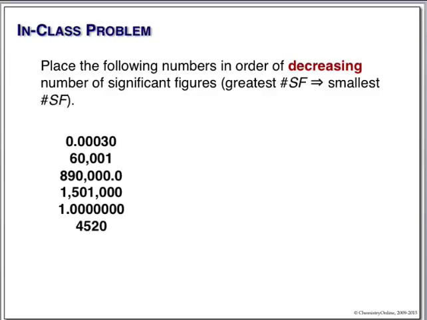This is actually an exam question that I gave at URC a few years ago. All right, mentally, you're just scanning these, and you're looking at them quickly, deciding how many significant figures there are in each one. Then all you have to do is arrange it.